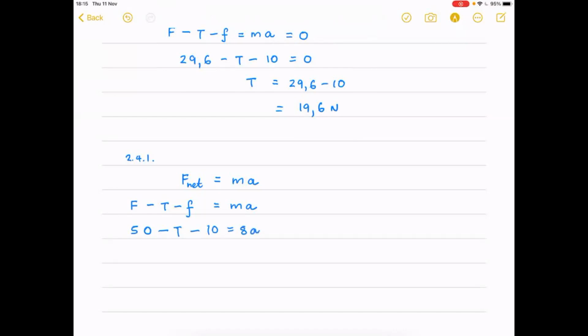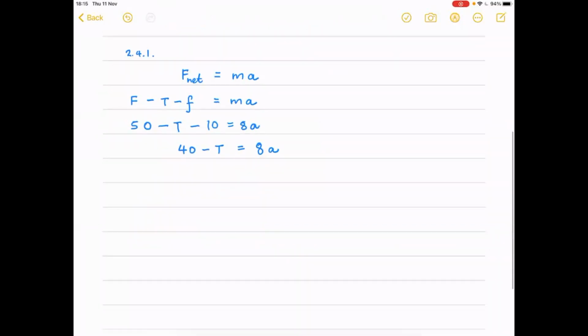So 50 minus 10 is just 40, minus T is equal to 8a. We will just call that equation 1. Remember we're taking to the right to be positive. So that's for the 8 kg block.